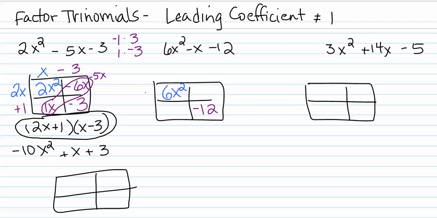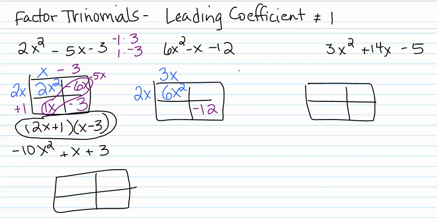I have a tendency to choose the combination where the numbers are closer together. So I'm going to try the 2x and the 3x. If it's not right, it's not a big deal. Then I just go try a different combination. Before I go and try a different combination, though, I want to make sure that I've tried all the possibilities that could work with 2x and 3x.